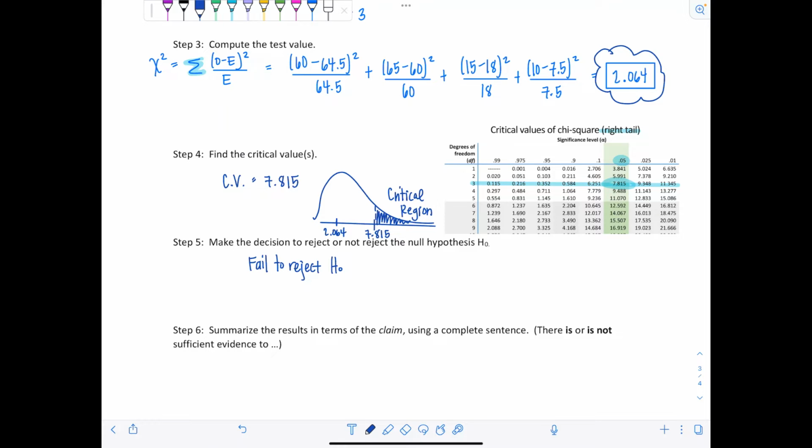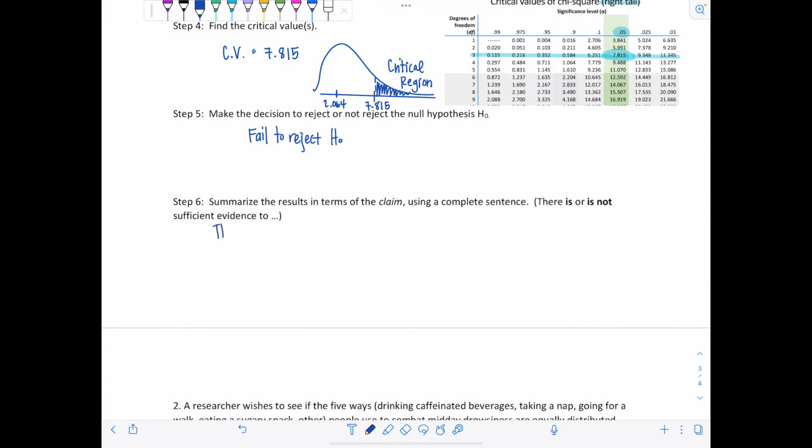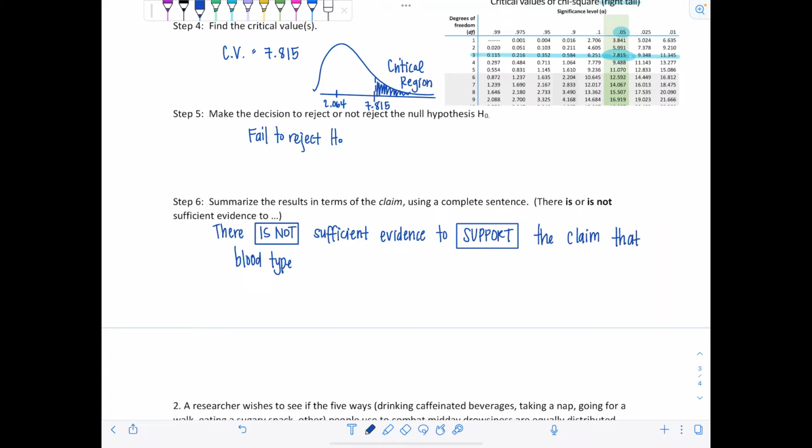So let's summarize the results now. You would say there is not, because we failed to reject the null, sufficient evidence to support the claim that blood types are not distributed as listed above.